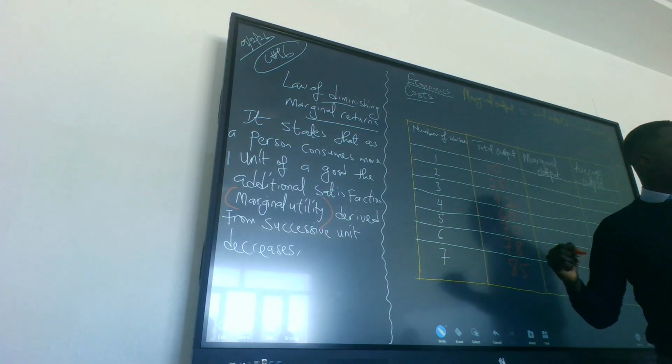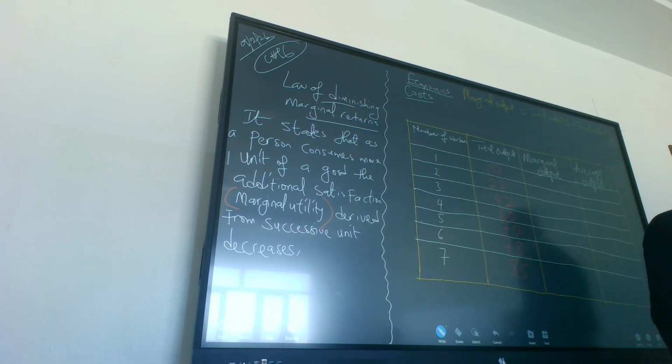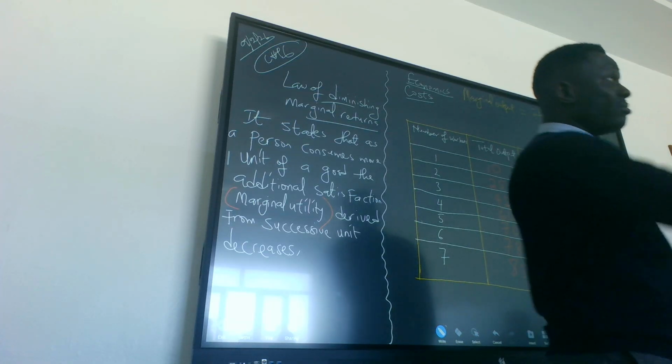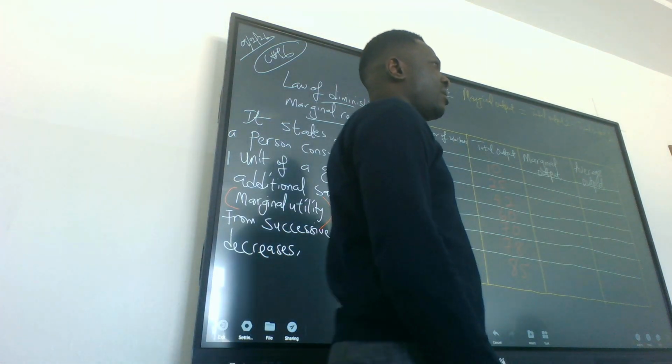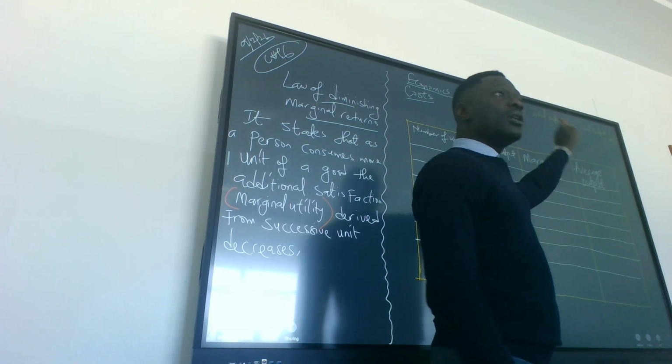That's how we get marginal output. What do I say? Total output 2 minus total output 1. Is this a formula? Yes, please. So the formula for marginal output is what? Total output 2 minus total output 1.